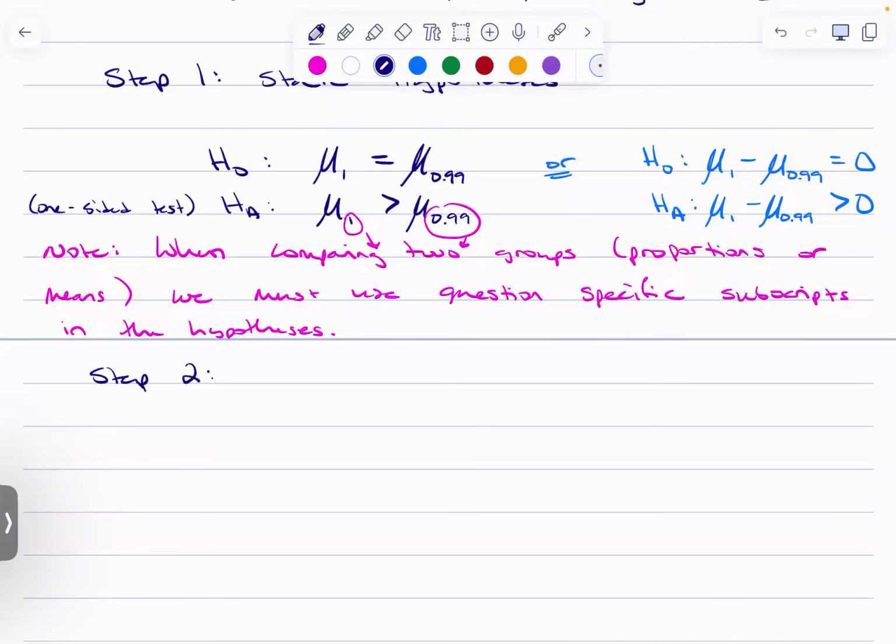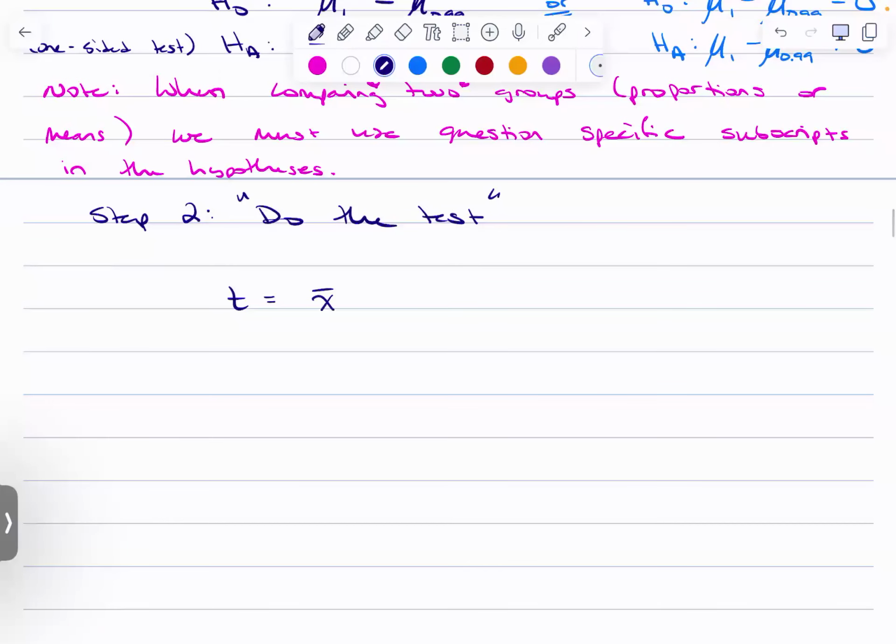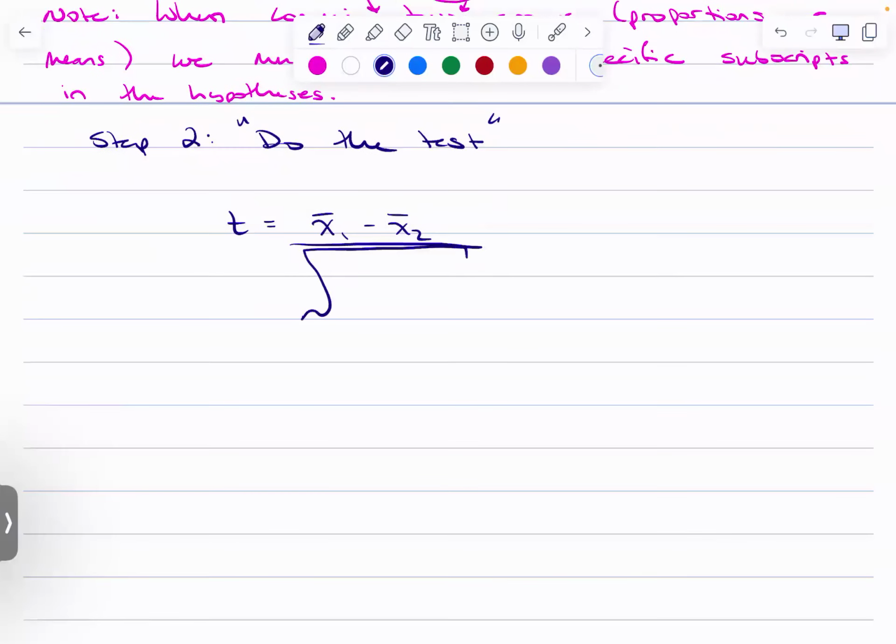We've got our hypotheses. Step 2, do the test. Really, it's calculate the test statistic. For two independent sample means, T is going to be x1 bar minus x2 bar divided by the square root of s1 squared over n1 plus s2 squared over n2.